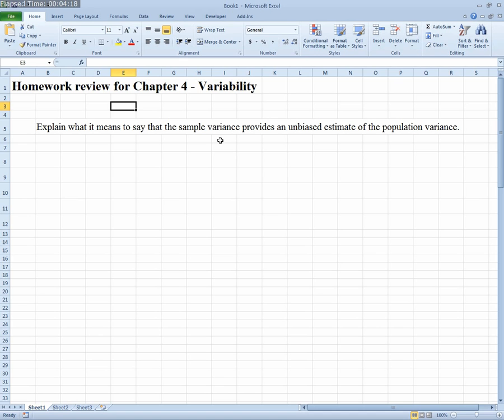Specifically, if you take all the possible samples and compute the variance for them, then the average of all the sample variances will be exactly equal to the population variance. I hope that makes sense. And we are trying not to have a biased estimate. And we'll pop over to question 10.